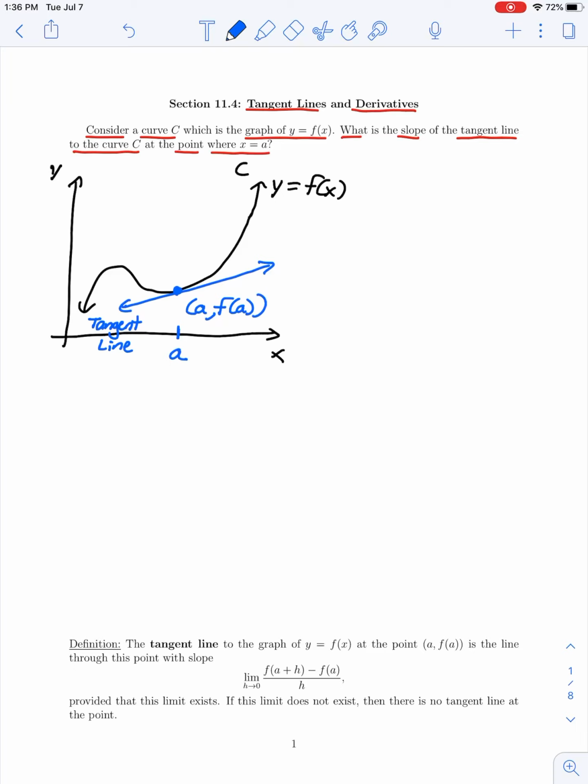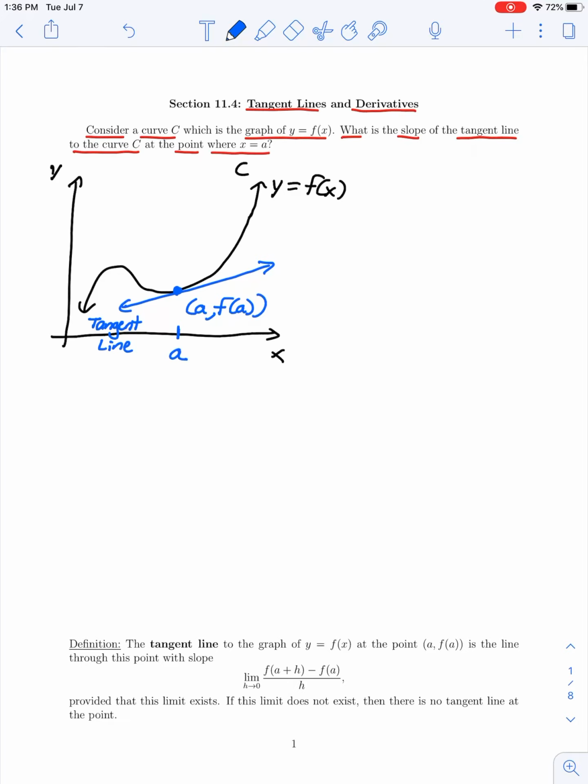And the question of interest is, what is the slope of that blue tangent line to our curve at this point? So in the previous section, we saw that we could try to come up with an expression for this slope as the instantaneous rate of change of our function at that point. And it's defined as a limit of an average rate of change.